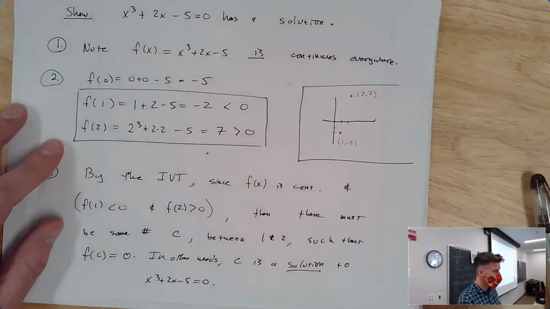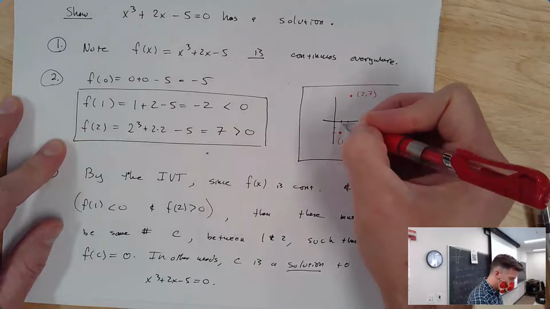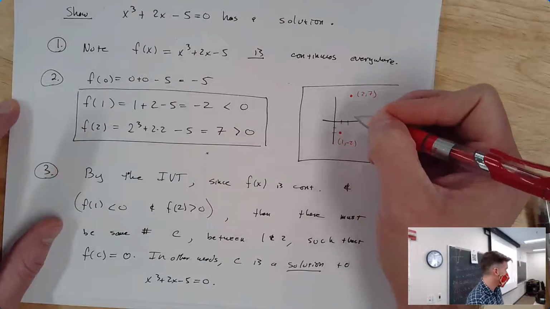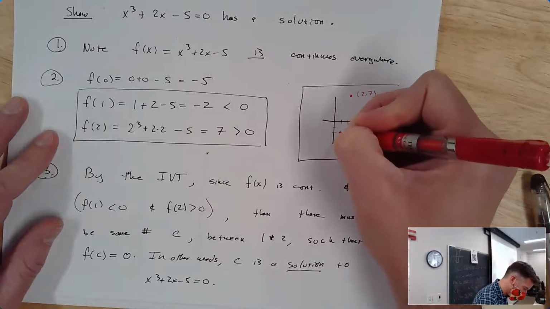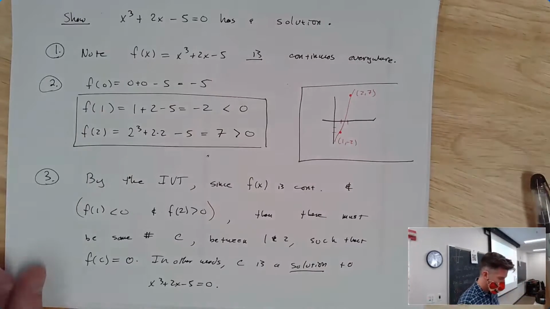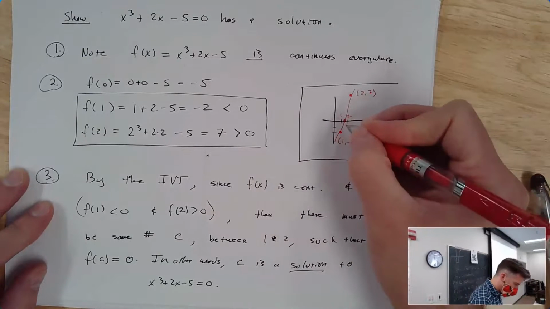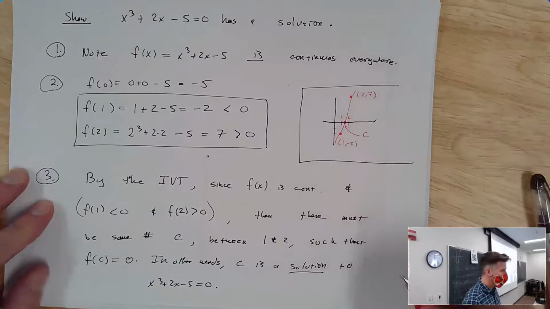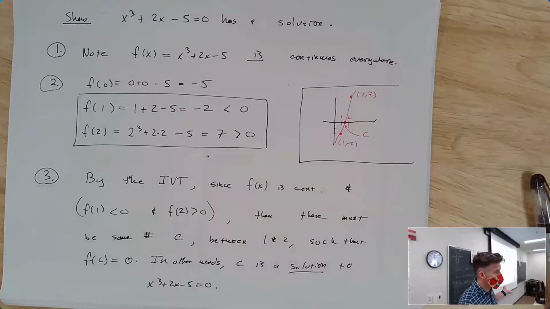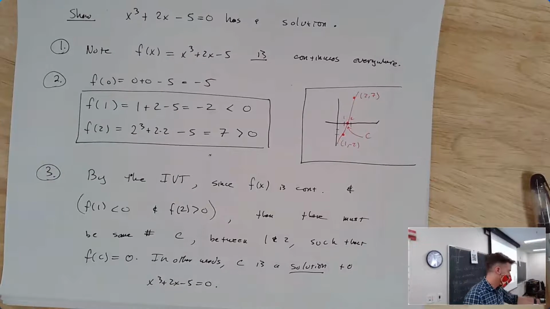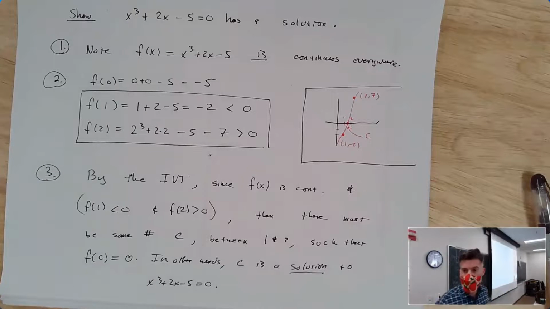And since the function is continuous, I can't hop over the x-axis. I have to cross it, right? It's going to do something like that. And somewhere between 1 and 2, there's my solution. I don't know what it is, but I know it lives between 1 and 2. Okay, so that's really most of the gist of the intermediate value theorem.